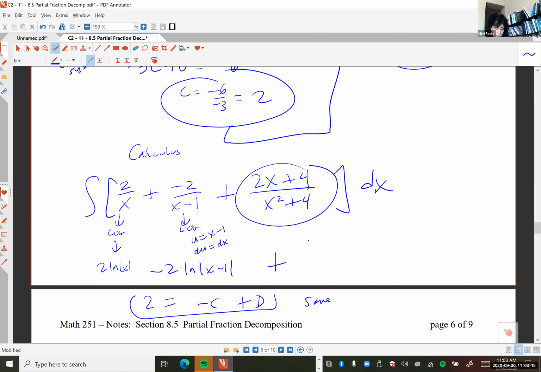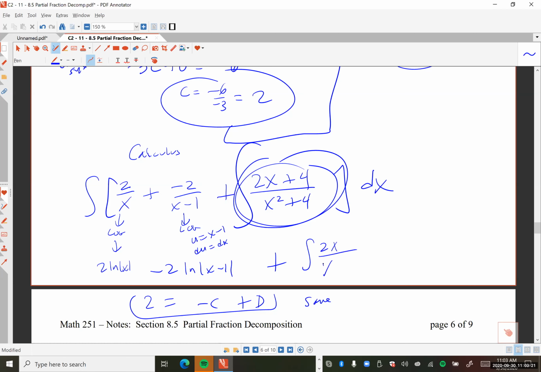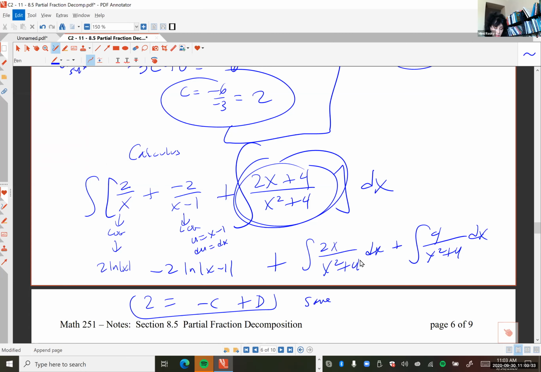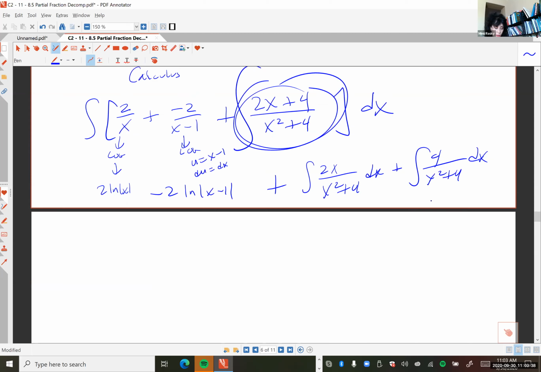But what are you going to do for this guy? How are you going to integrate that? You're going to split them up into 2 fractions and individually integrate these 2 guys. And you do have enough ammo to integrate these 2 guys. Let's see if you guys either watched my video so you know what to do, or maybe you remember. So what rule? Don't say u sub, because u sub is not a rule.